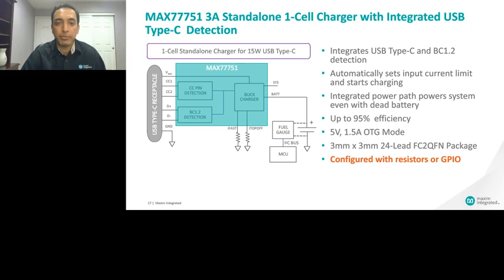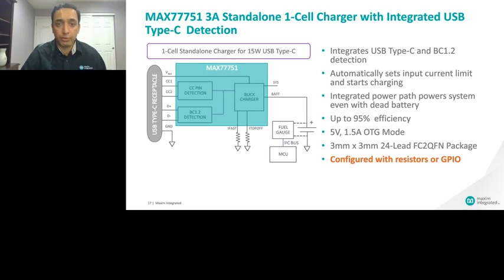It integrates USB Type-C and BC 1.2 detection on the same chip. It sets the input current limit automatically after detecting the type of USB source. And it integrates the power source and the battery charging state machine to efficiently and safely charge the battery. It operates even with a dead battery condition.